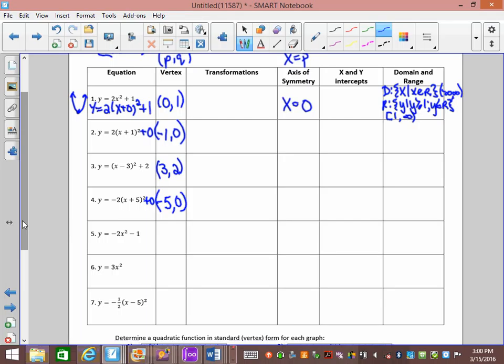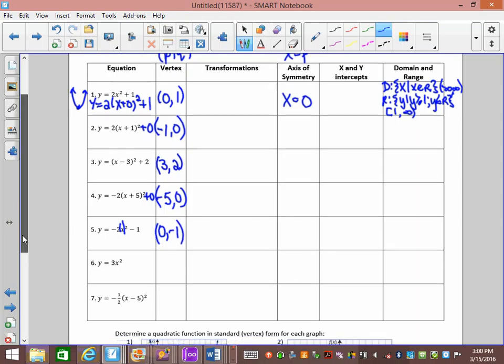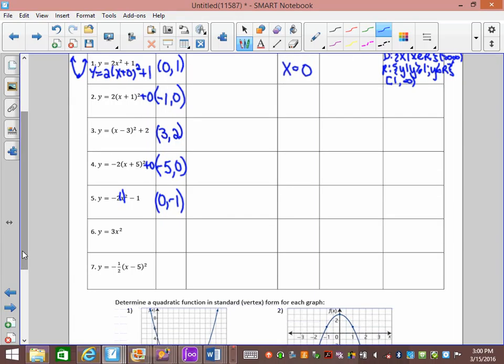What's this one? What's with my x? Nothing. So my vertex is going to be at 0 and -1. What about 6? 0 and 0.